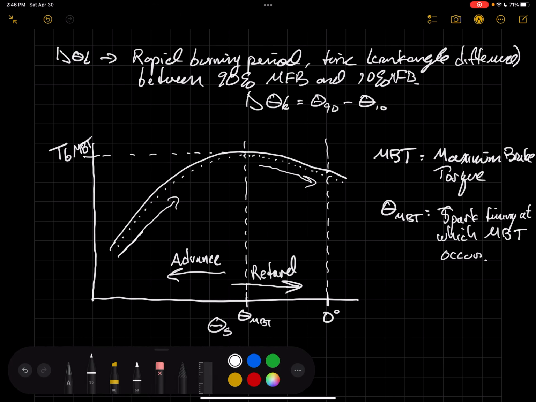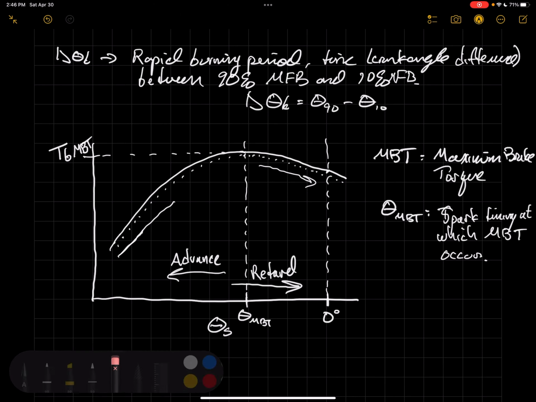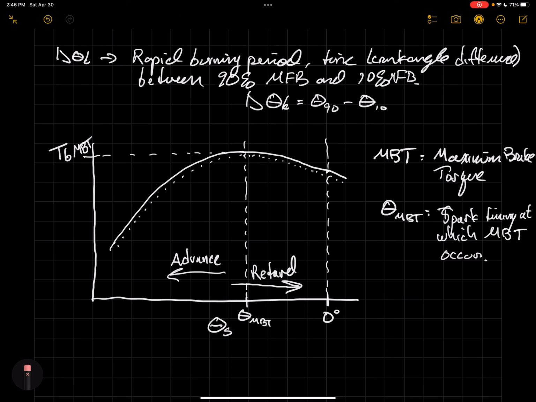So let's first talk about why the torque increases from a very advanced spark timing toward later spark timings where we reach the maximum brake torque.